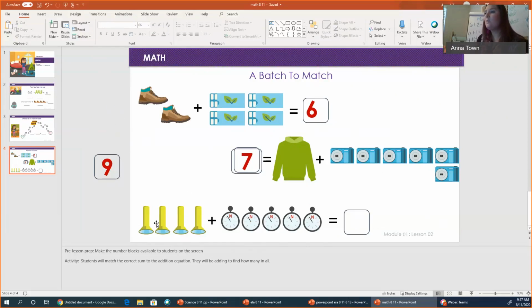Now I want you to go and add all of them together, the compasses and the flashlights. We're putting the add-ins together to find our sum. Once you have the sum, say it out loud. Good job.